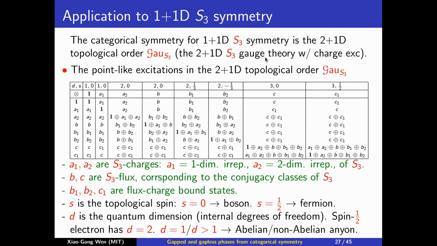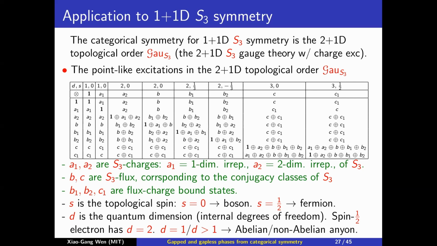Usually the meaning of the name S3 gauge theory may change, because in old times when we said S3 gauge theory, it meant we don't have gauge charge, only flux fluctuation, no matter.